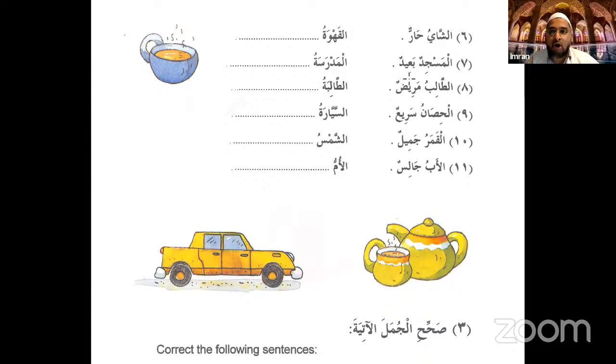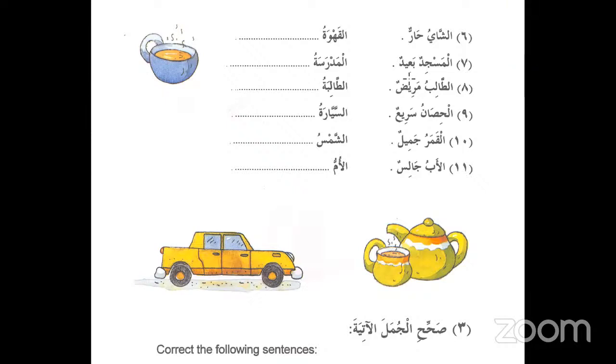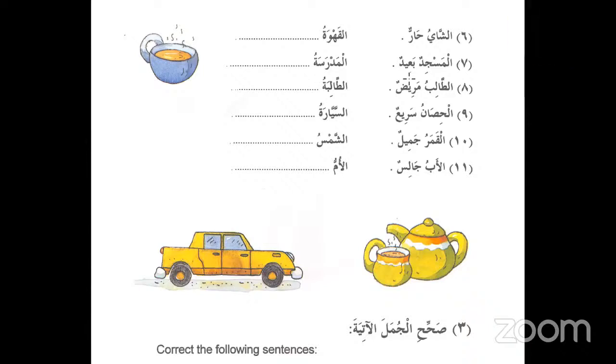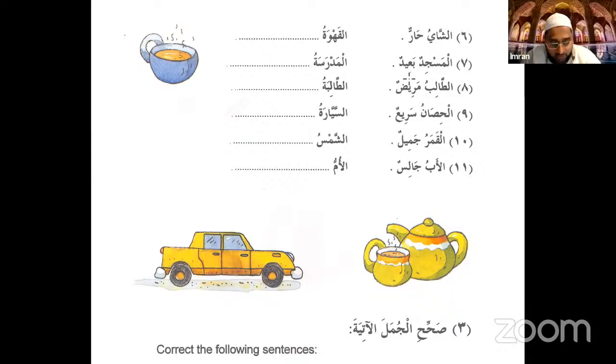It will become part of the adjective. Remember, I spoke last lesson that adding alif lam to al-ba'idu makes it the adjective of the mosque, and then it will become the far mosque. So is this the correct sentence? Al-masjidu ba'idu. Al-masjidu ba'idun, correct.